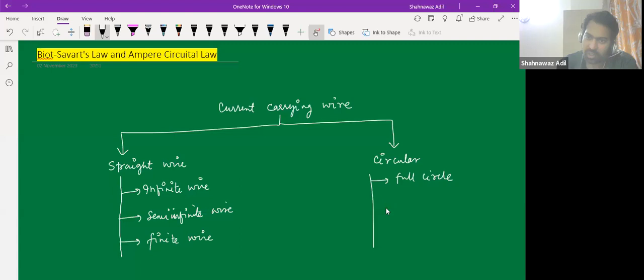Then we had this arc wire, right? So these were some types of wire that we studied in this chapter.